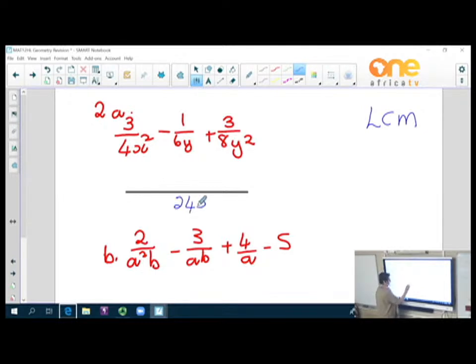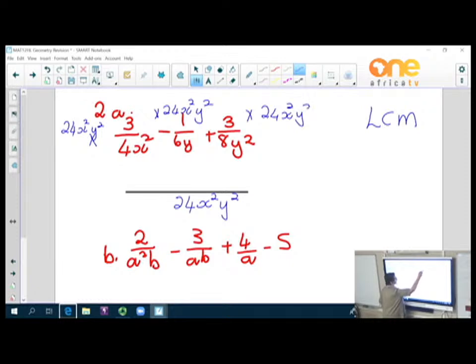Then I need an x^2 and a y^2. I don't need another y because it's the lowest common multiple. Now we're going to multiply with the LCM, and this is a very important step. Don't be lazy to write this out every time, because otherwise you're going to make mistakes. I multiply each term with the LCM and cancel.